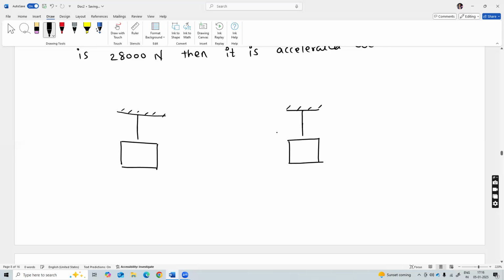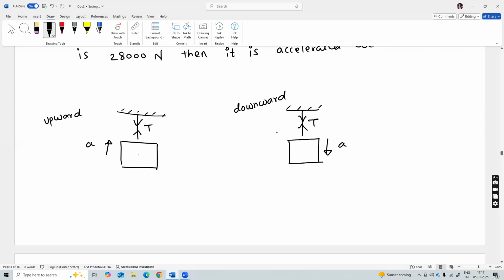In the first case the lift is moving in upward direction. In the second case the lift is moving in downward direction. Let's say T is tension in both the cases, and the lift is accelerating upward with acceleration, let's say a, and here also it is accelerating downward with acceleration a.